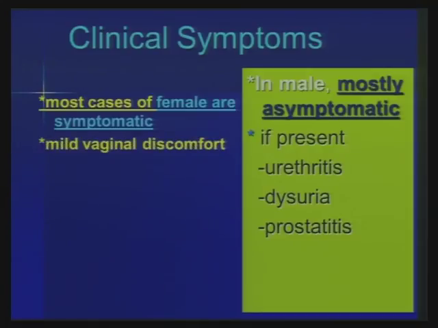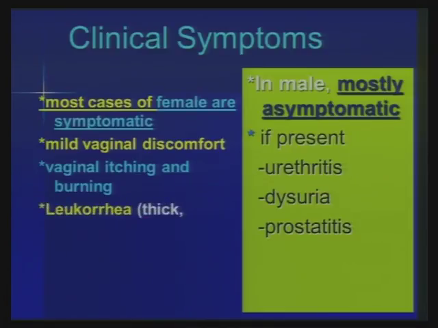And vaginal discomfort is a chief complaint. Itching and burning because inflammation occurs. So itching and burning sensation come from severe inflammation of the vagina in the female. So this is a chief complaint, the same as that female who came to see the doctor.